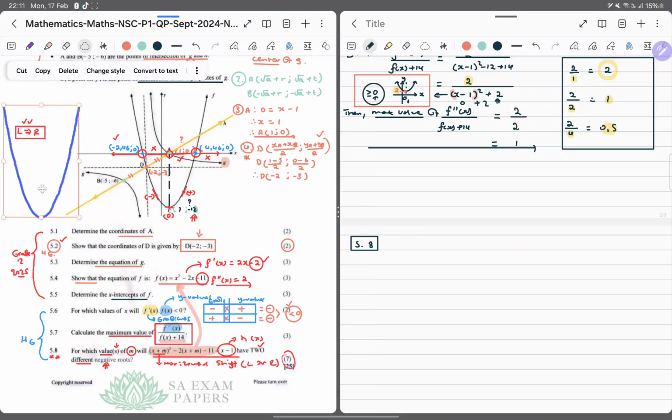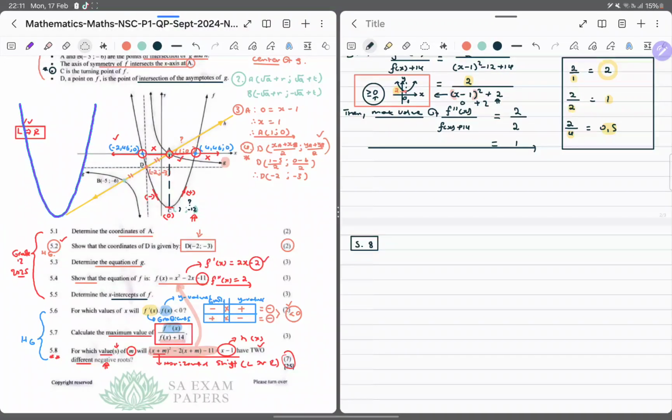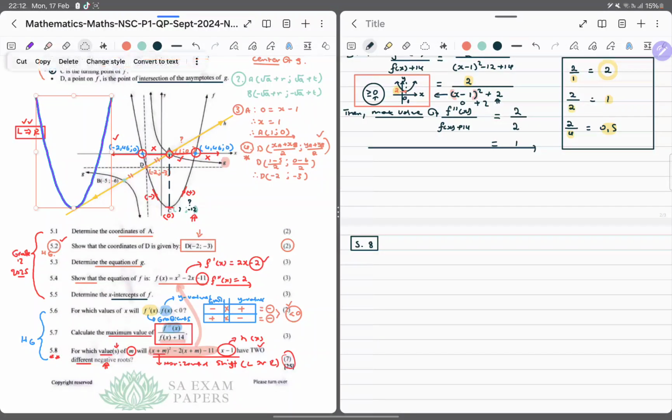So it doesn't work. So this means we need to find out when this is tangential at that point. If we say that that is the point of tangency, but I think I may have moved it down, yeah. So if we say that is the point of tangency there, let's find out something.